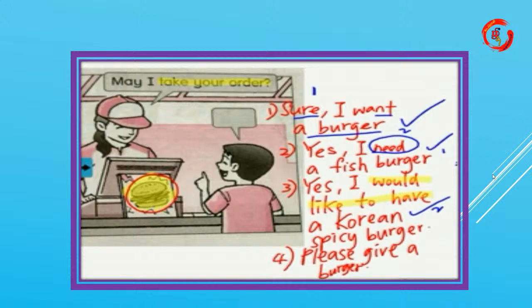Yes, I would like to have a Korean spicy burger. You are getting 2 marks for that. Complete answer. You're getting 2 marks for that. And number 4, please give a burger. That's accepted. That's also correct.